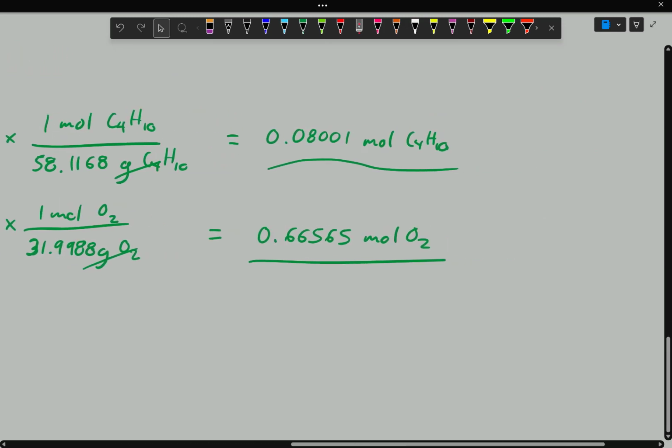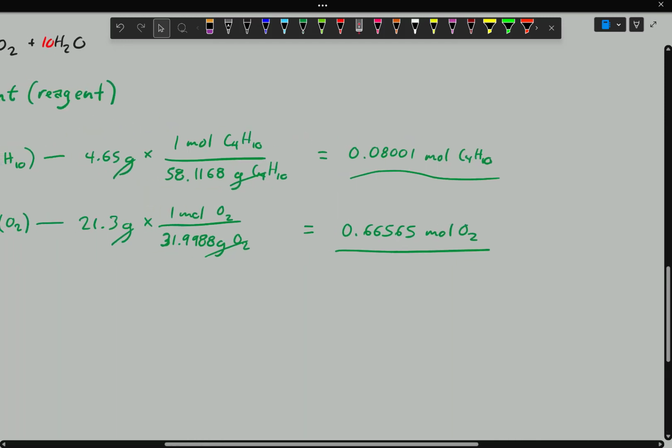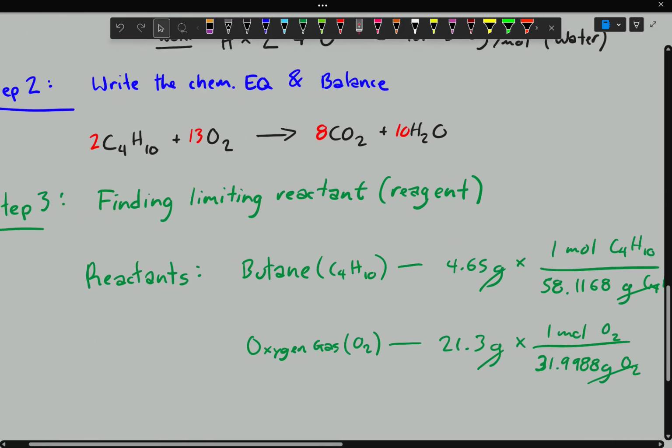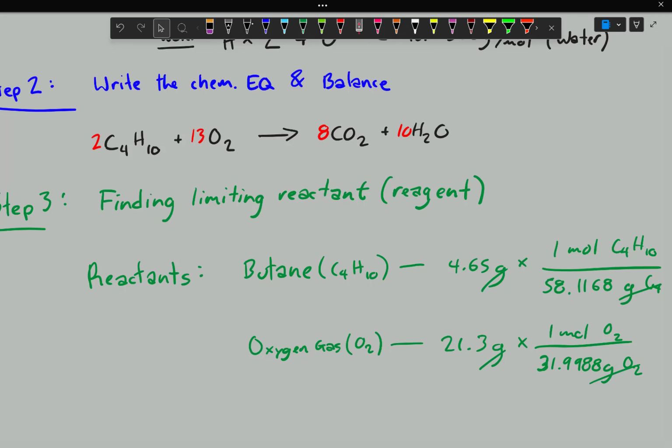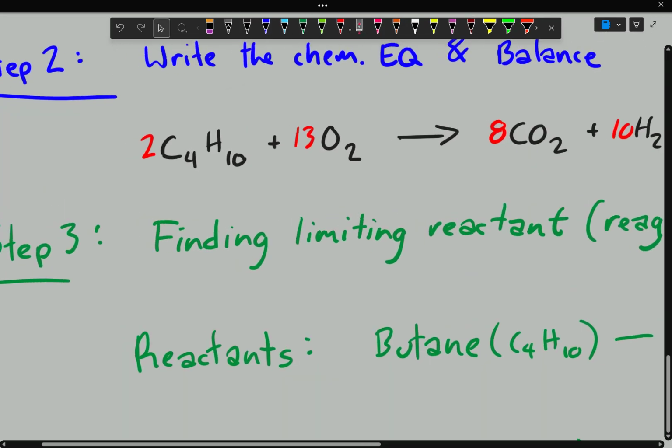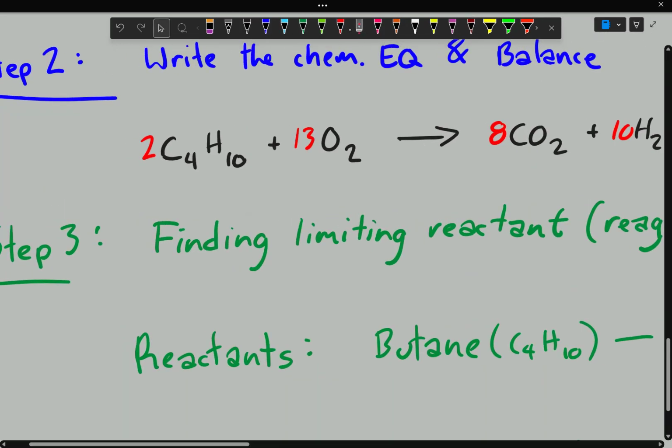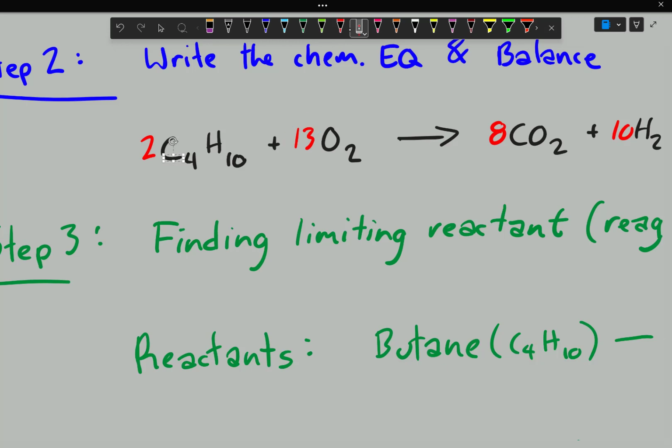So, now we need to look back at our balanced equation to find out which one of these reactants is going to run out first. We can clearly see that for every 2 moles of butane, we're using 13 moles of oxygen.